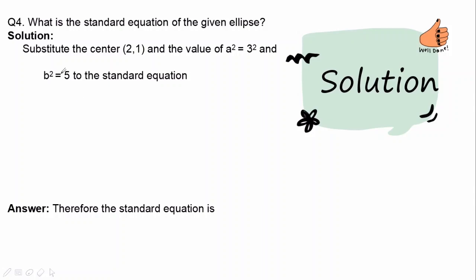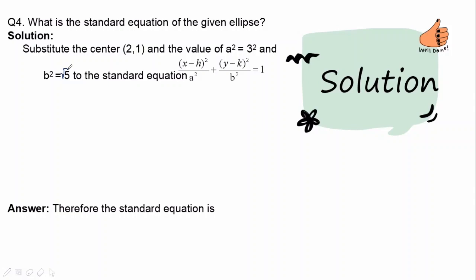Or, sorry, we have a typo here. This is square root of 5. And the standard equation is x minus h squared all over a squared plus y minus k squared all over b squared equals 1.